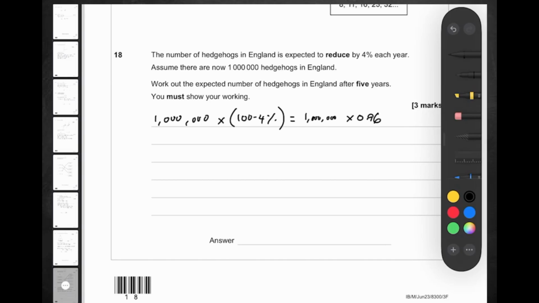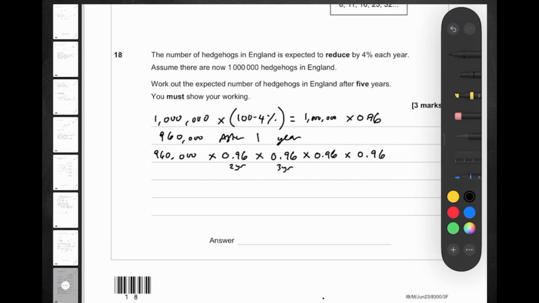So I'll do that on my calculator. And we're going to get 960,000 after 1 year. And then all you need to do is multiply by 0.96 again for 2 years, 0.96 again for 3 years, 0.96 again for 4 years, and 0.96 again for 5 years. So I'm going to say 2 year, 3 year, 4 year, 5 year.